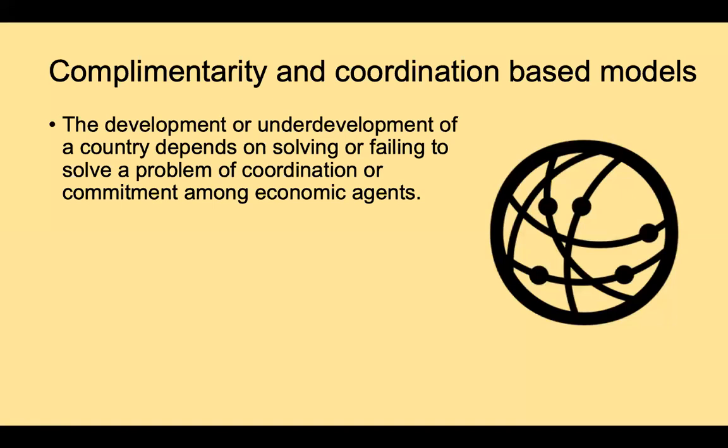So we gave you some different examples of coordination problems. One of them was the basic problem that most developing countries encounter, which is you need people to invest money in your economy and build factories and set up productive activities.